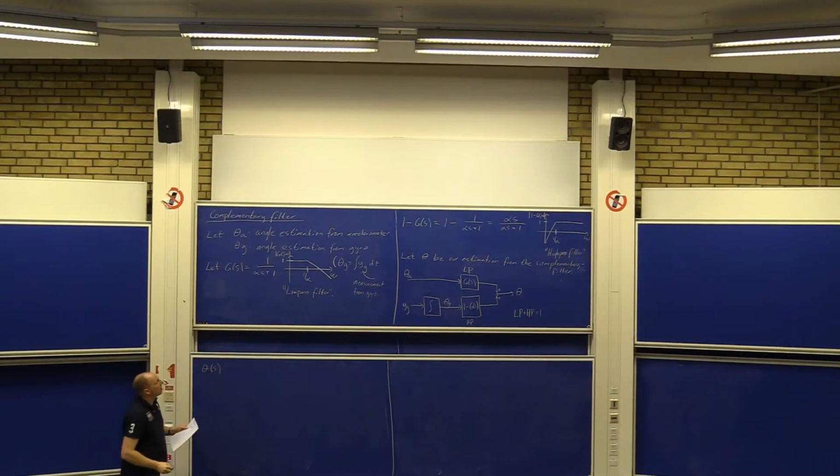If we write this down in the Laplace domain, what we have on the right-hand side is the transfer function of the low-pass filter times the Laplace transform of the signal from the accelerometer, plus the high-pass filter times what we have from the gyro. And this in turn was 1 over s, because it was the integration of the angular velocity.